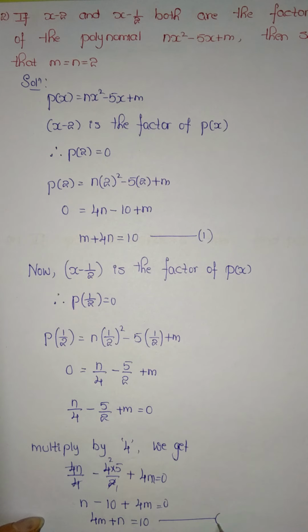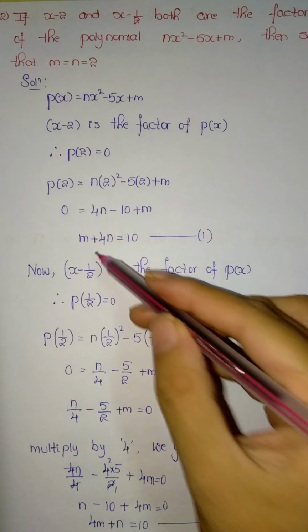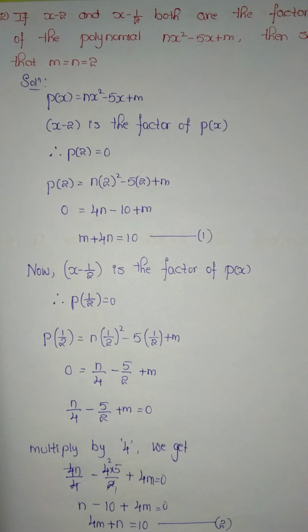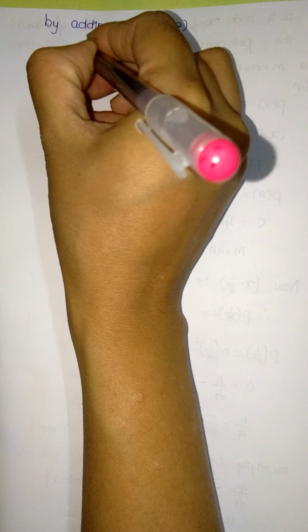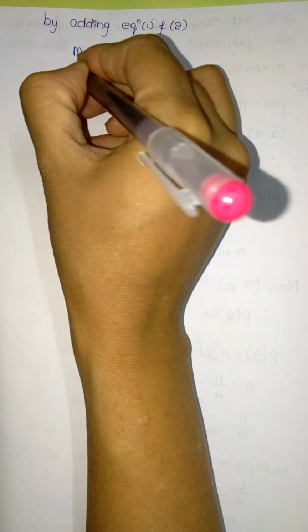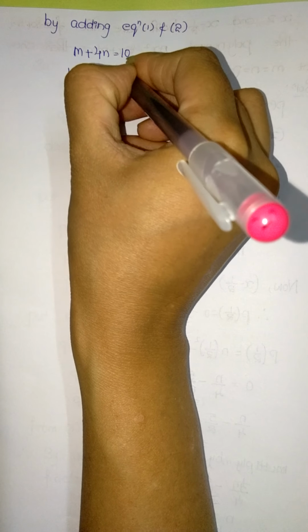So this is equation 2. Here equation 1 is m plus 4n equal to 10, and equation 2 is 4m plus n equal to 10. Now add equation 1 and 2. By adding, we get m plus 4n equal to 10, similarly 4m plus n equal to 10.